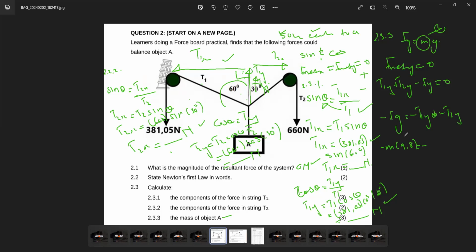So just take the values and substitute them here. Then you divide: m equals negative T1y minus T2y over negative 9.8. Then you take the values and substitute them, and you get your answer. Let me go through my calculator and try to find the values.